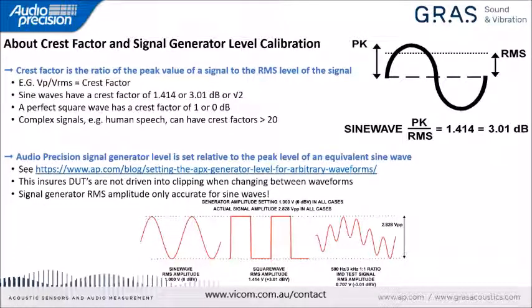So the next thing I want to touch on for just a moment is crest factor, and particularly for audio precision analyzers, signal generator level calibration. Crest factor by itself is pretty simple. Crest factor is the ratio of the peak value of a signal to the RMS level of a signal.